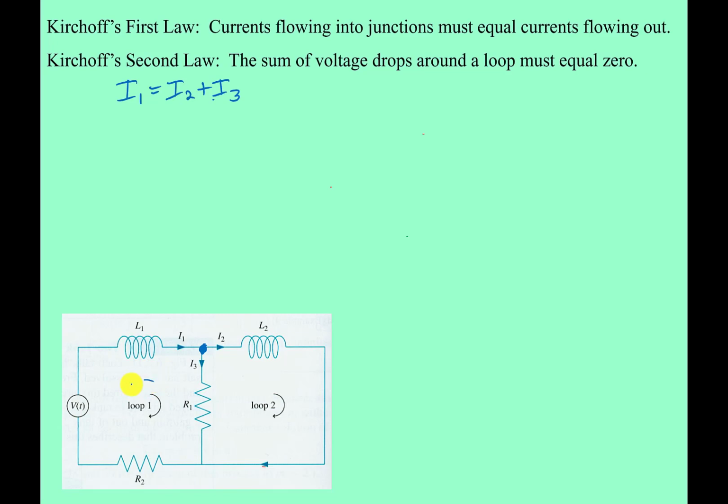So first we're going to go around loop 1. And so we have this inductor, and if we remember, the voltage drop across an inductor is the inductance times the rate of change of the current. That's current 1 going through that, so we need its derivative. Okay, then as we go around the loop, we go through this resistor, and that would be the resistance times the current, and that current is I3 going down there.